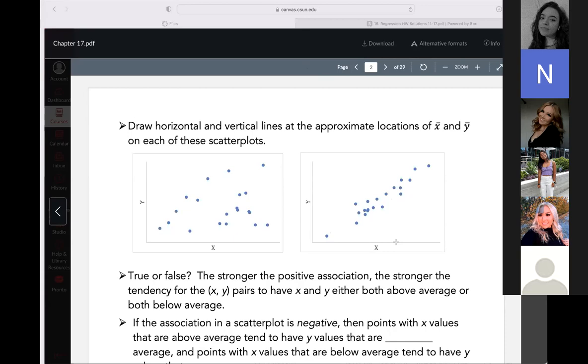For the one on the right, where's the X average? A little to the right of the center. Okay, so about there, give or take. It doesn't have to be perfect, give or take is fine. And where would the Y average be? If all of these dots moved to the left and formed a dot plot along the Y axis, where would the average be roughly?